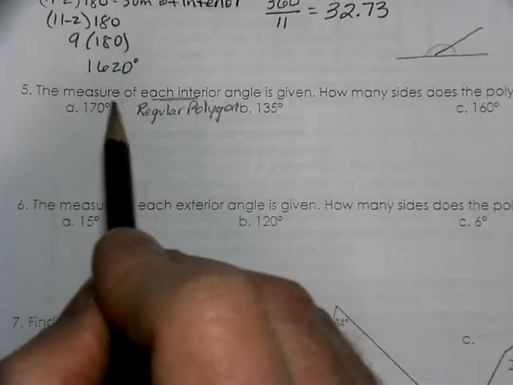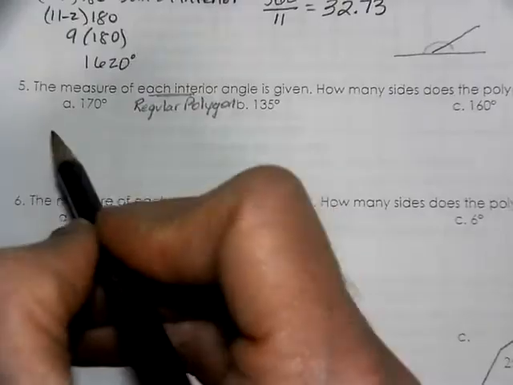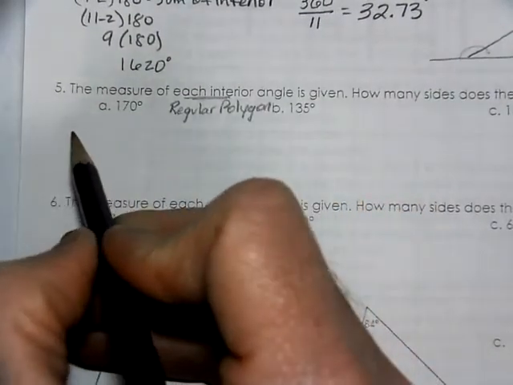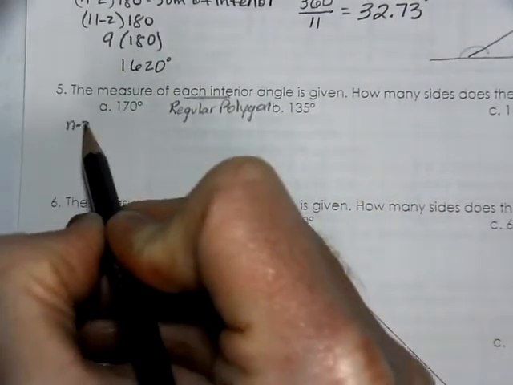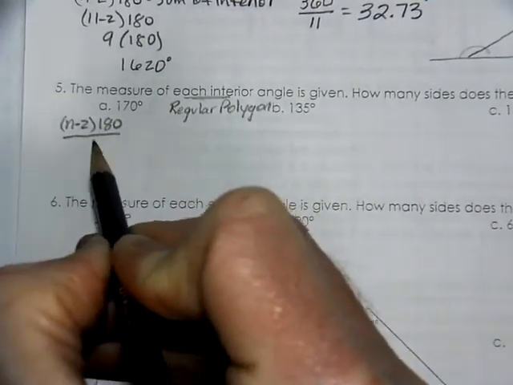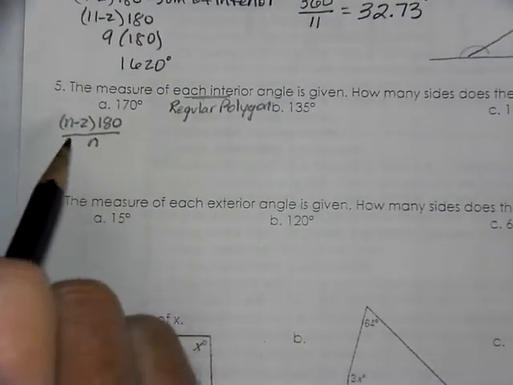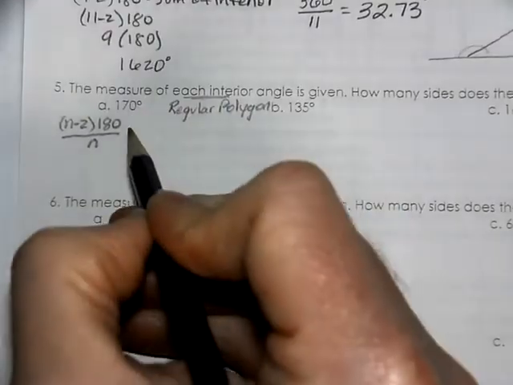If each interior angle is 170, it's kind of a lengthy process. We take the n minus 2 times 180 and we divide it by the number of angles. That is how you calculate each interior angle.